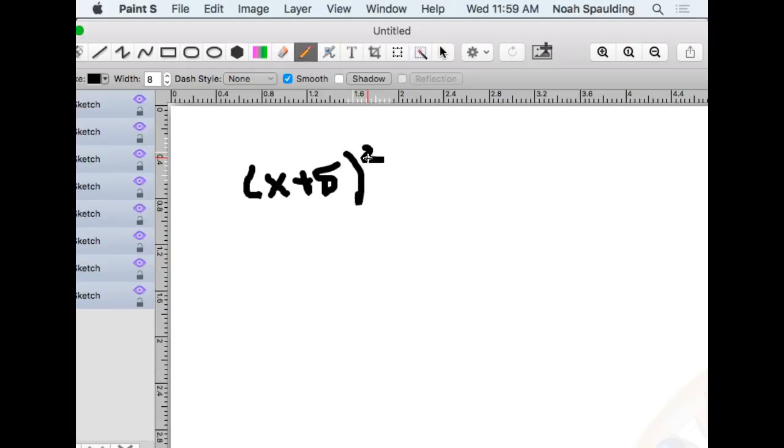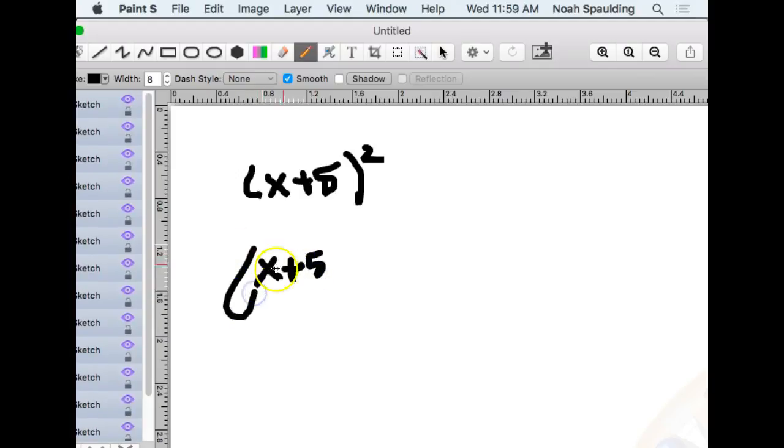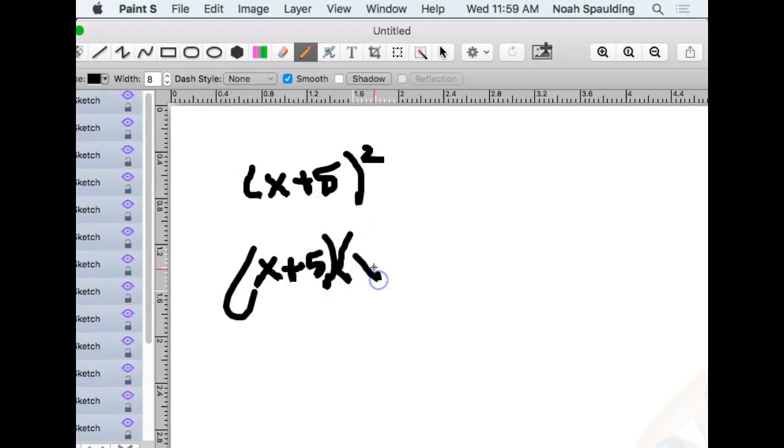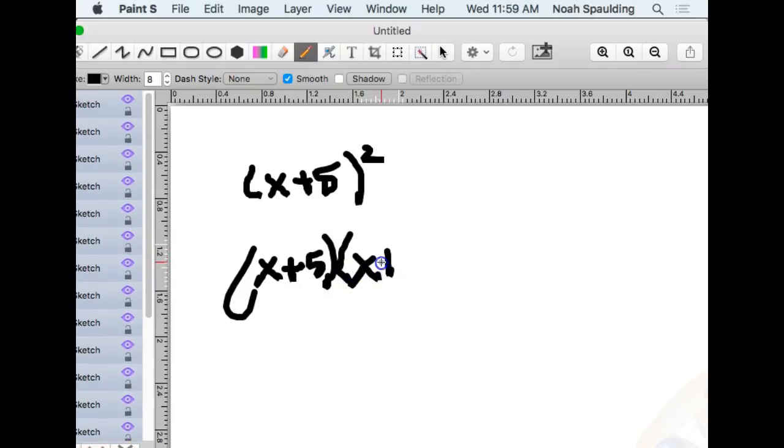Okay, so this is x plus 5 squared. And x plus 5 squared really is basically you can just expand it to be x plus 5 times x plus 5. And then once you have that, you can go ahead and FOIL it like normal.